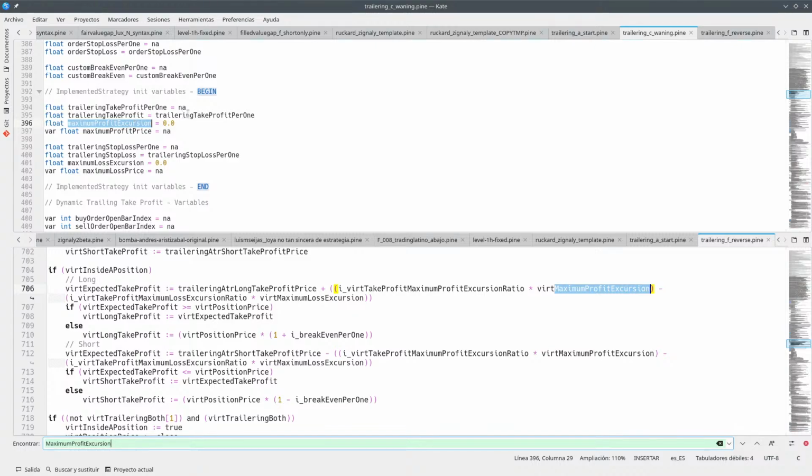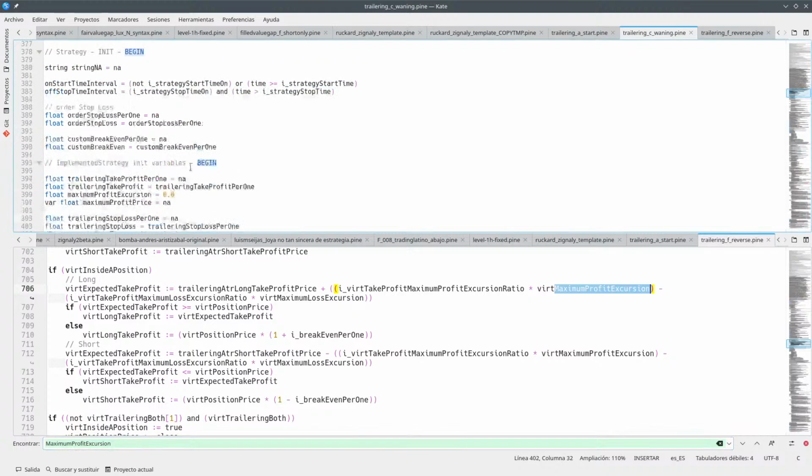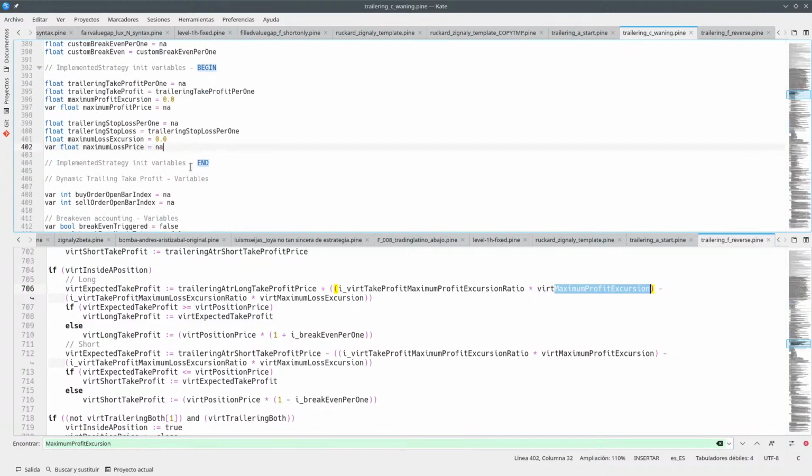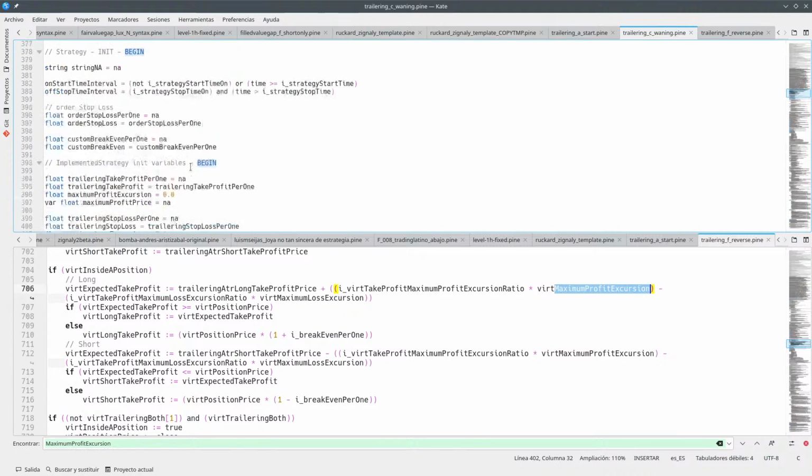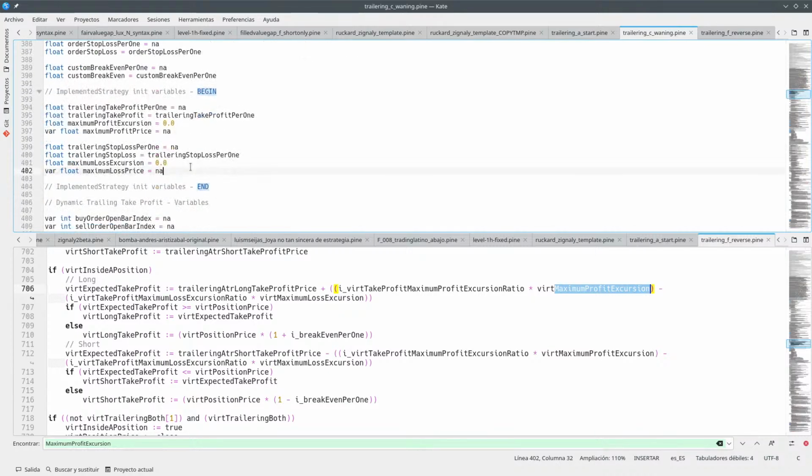Trade take profit and trade take profit per one, which we will maybe use later with the take profit. But the thing is that we have this maximum stuff that implemented the strategy in variables.